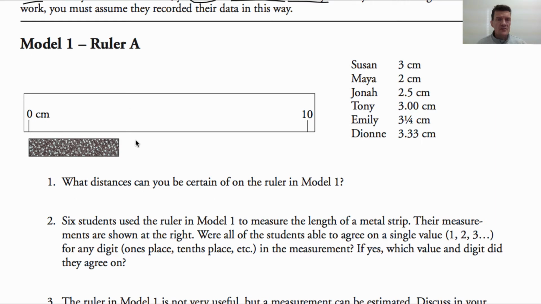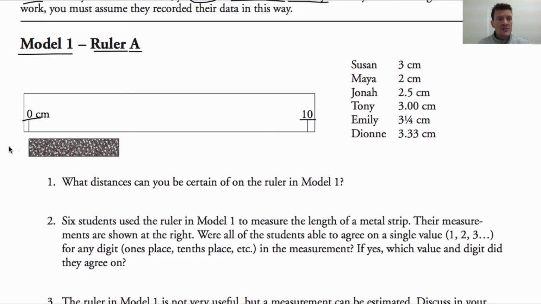Again, we're going to look at models in order to make a point as we discuss the importance of recording the data with the correct number of significant digits. Let's look at model 1. It is a ruler, and they've named it ruler A, and you'll notice the markings on this ruler are only at 0 and 10. That's the only place where it is marked.